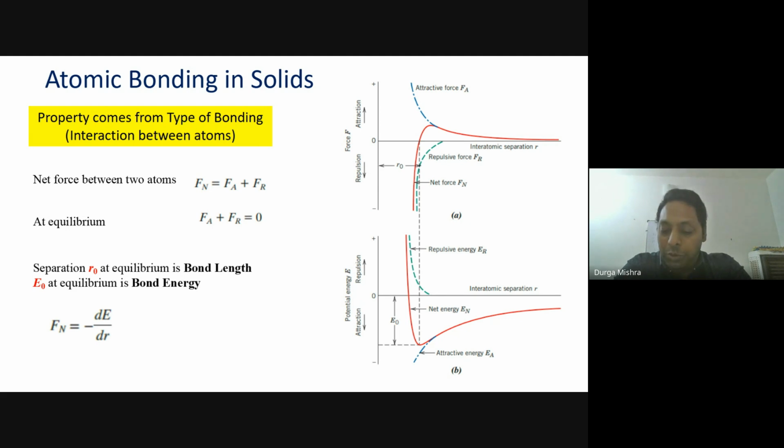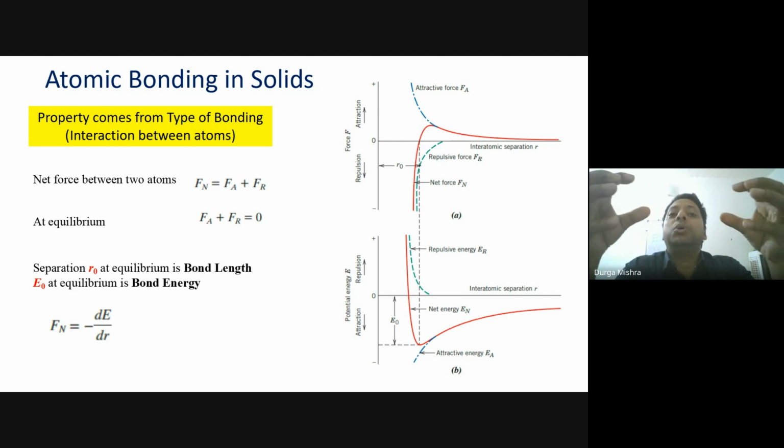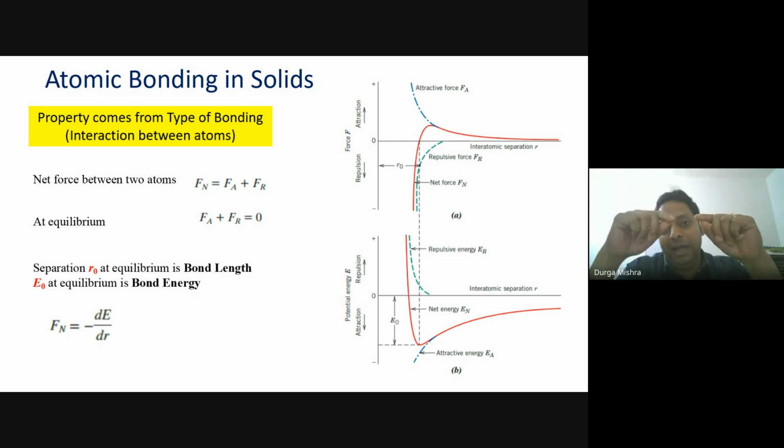That is quite obvious. Depending on the charge, if they are a similar charge, there will be repulsion. If they are opposite charges, there will be attraction. So when you are bringing two atoms together, that means the charges closer together, there will be a repulsive force as well as an attractive force. Both forces will be there.